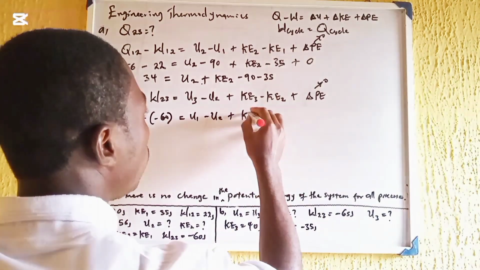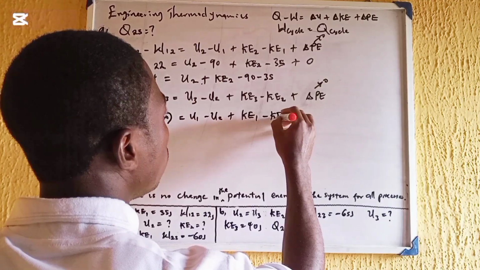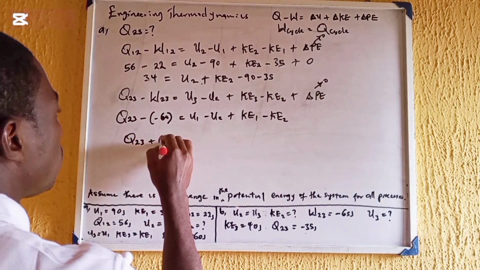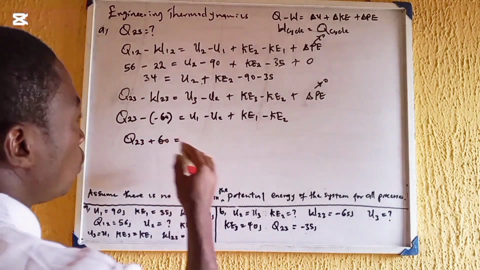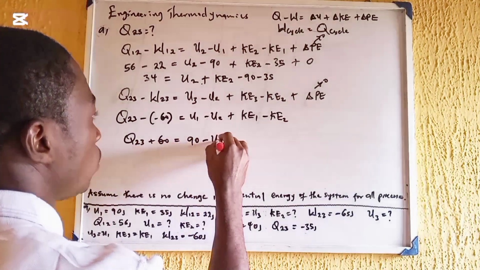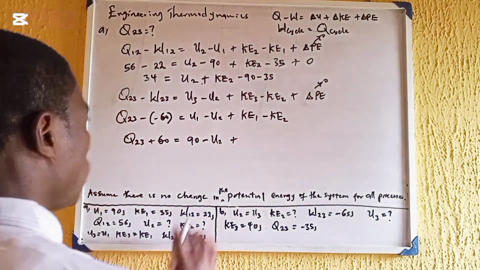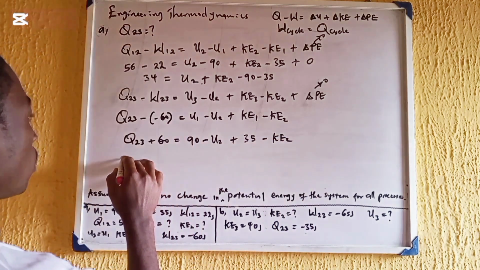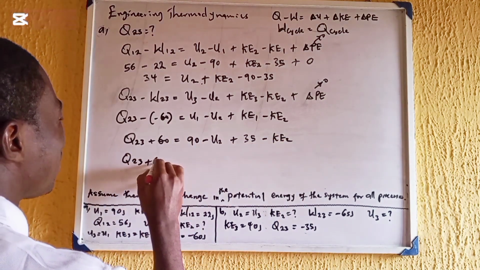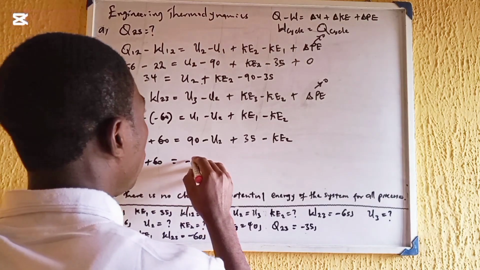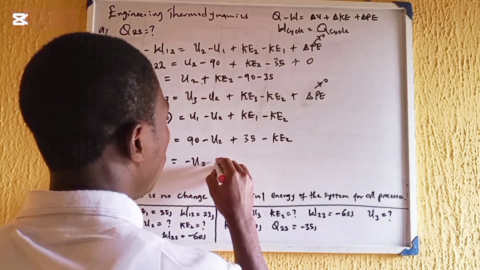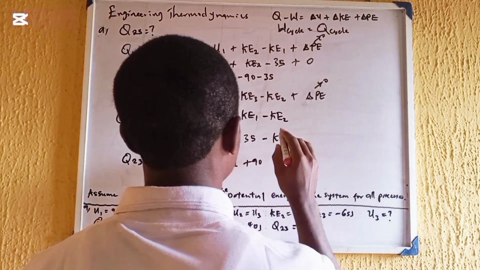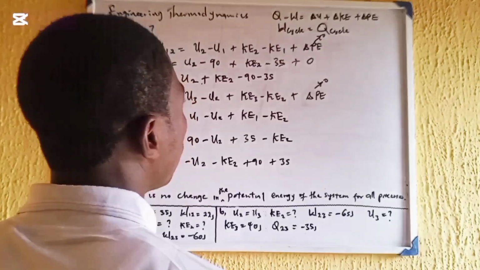So we'll be having KE1 minus KE2. Now that gives us Q23 plus 60 equal to, what's U1? U1 is 90, minus U2, plus KE1 is 35, minus KE2. And that gives us Q23 plus 60 equal to minus U2 minus KE2 plus 90 plus 35.